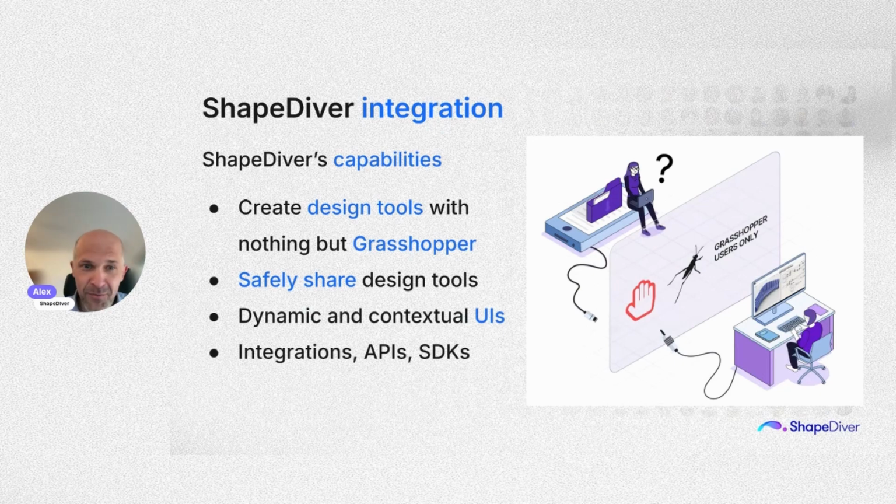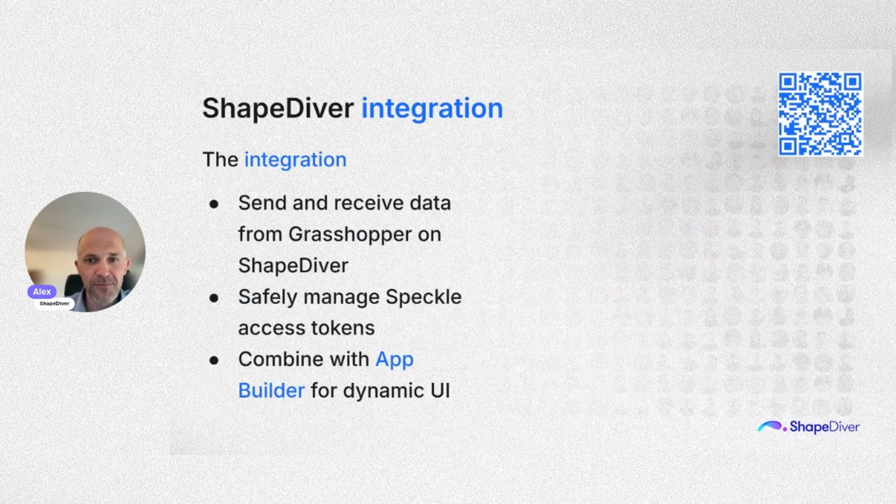What are the main capabilities? We support creating design tools with nothing but Grasshopper and sharing them safely with your peers, with customers, with whoever you want to share those design tools with, without the other users having to use or know Grasshopper. For a while now, we support creating dynamic and contextual user interfaces using our UI builder framework AppBuilder, and there is an API and SDKs which support various integrations, one of them being the new Speckle integration.